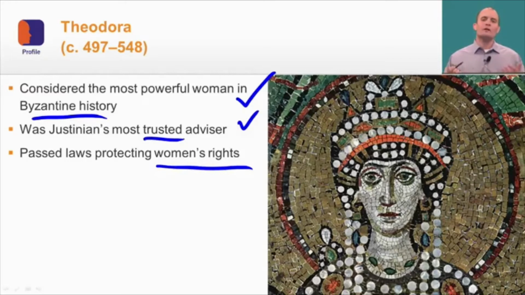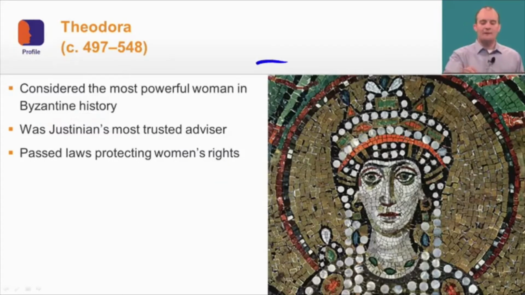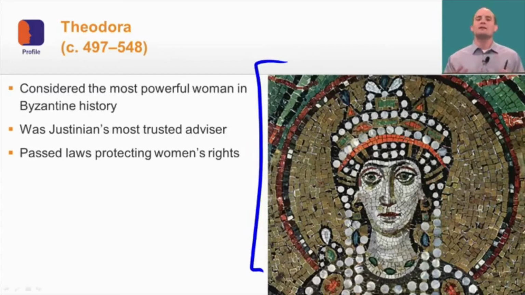For example, one law that she was able to push through was the ability for women to divorce their husbands. So you can see how she really tried to advocate for women's rights. And through Justinian, as well as Theodora, we saw the beginning of a strong Byzantine Empire expand through Asia Minor and Greece, and also in southern Italy.